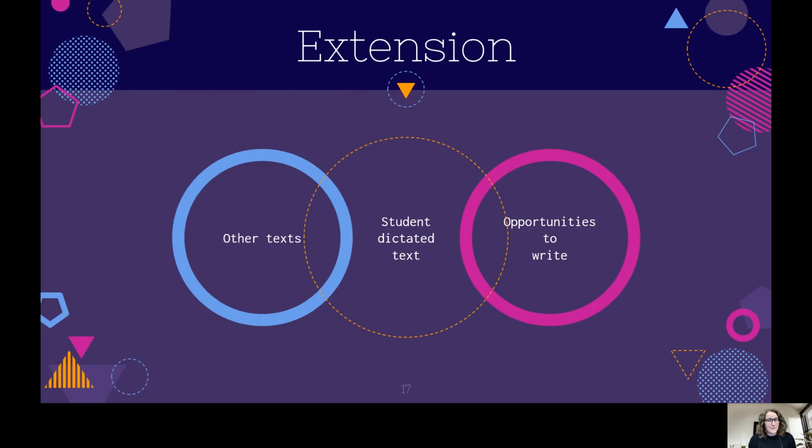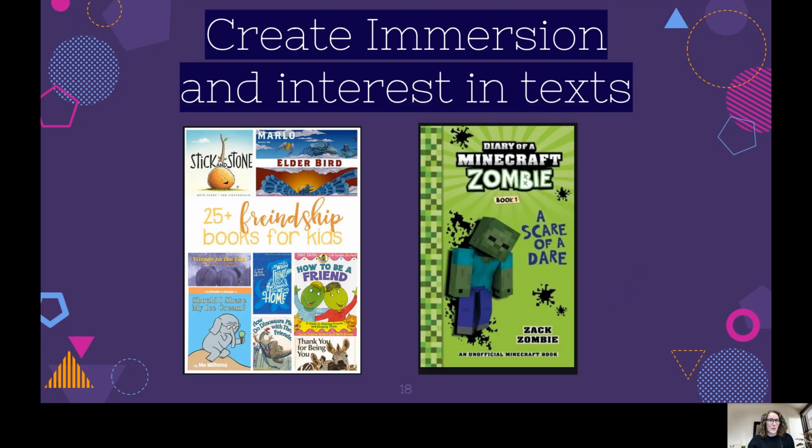So for extension, you've got your student-dictated texts, you've got your other texts, and you want to give opportunities to write as well. So there's no reason you can't do these things all in tandem. What I would do, because if you remember Moses's text, it was about Minecraft, is create a kind of text set.